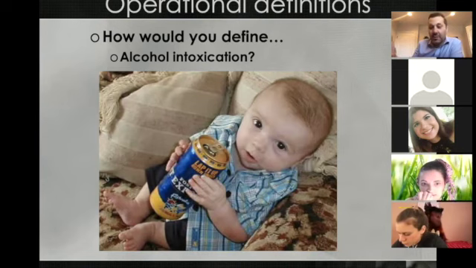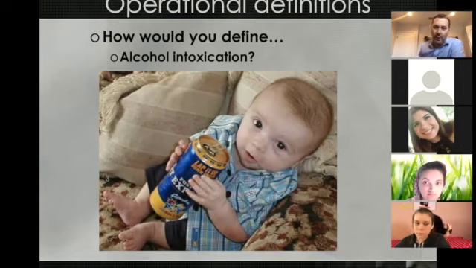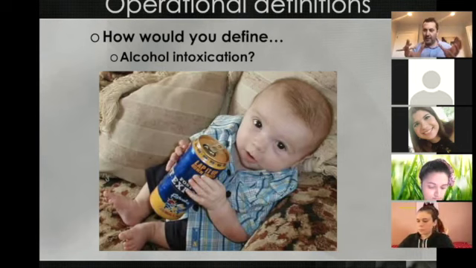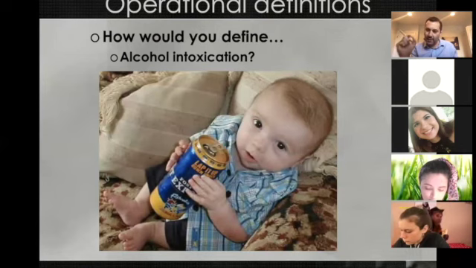Now, we often do this legalistically. So for instance, if you are going to be pulled over because you're drinking and driving, the standard that's often used in a lot of states, most states, is if you have a blood alcohol content of 0.08 or above, then we're going to call that intoxicated. But that's an operational definition. That's defining a fuzzy concept like intoxication in terms of a very concrete behavior, a very concrete outcome, which is your blood alcohol content.